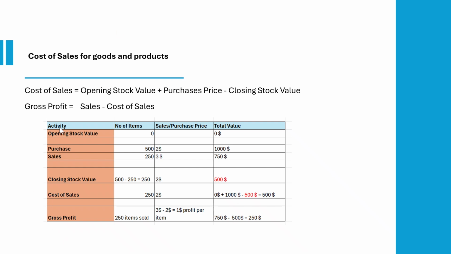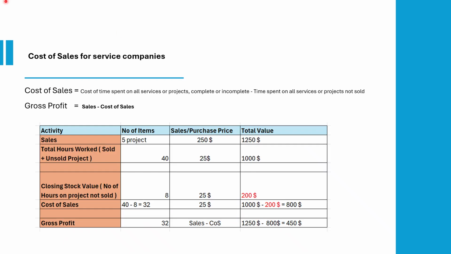Now let's understand with another example from service industries. In the service industry, cost of sales is like, let's say in a period or in a month, how much time you spent on all services or projects you did, whether complete or incomplete, or total cost, total hours worked. Then minus the time spent on all services or projects which are not sold.